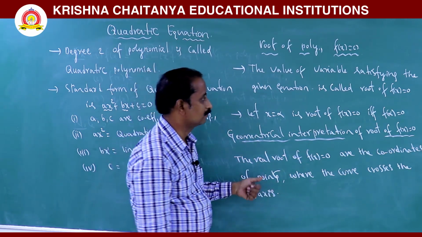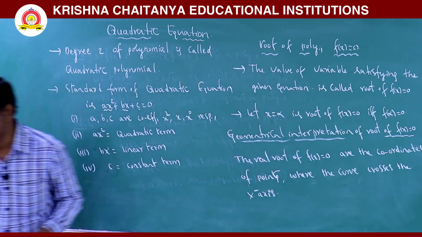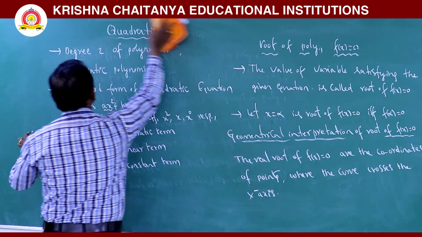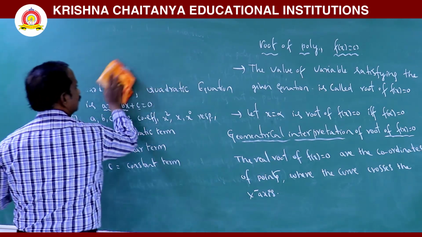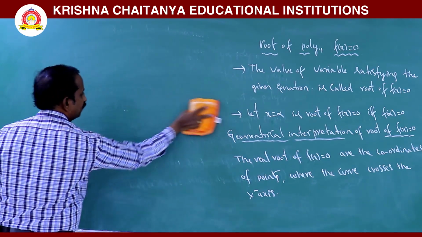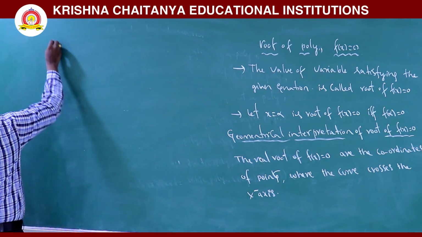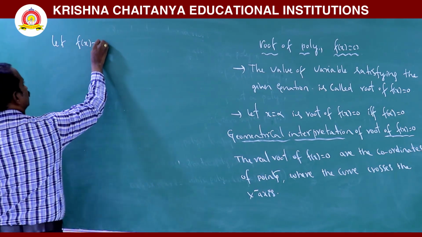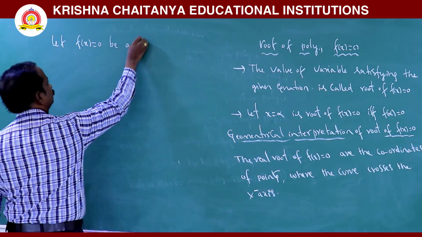Now we go to an example of this theory. For the geometrical interpretation of root, let us consider a curve y is equal to f of x, or simply f of x is equal to 0. Let f of x is equal to 0 be a curve.